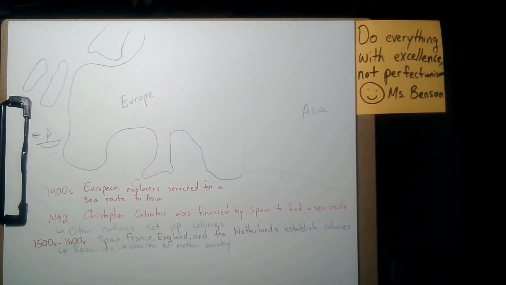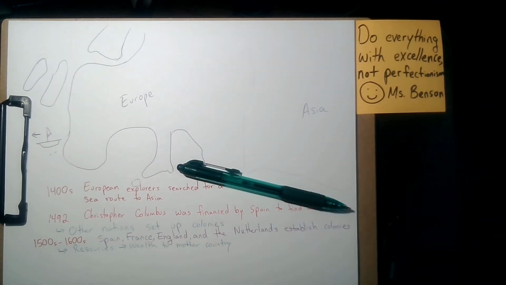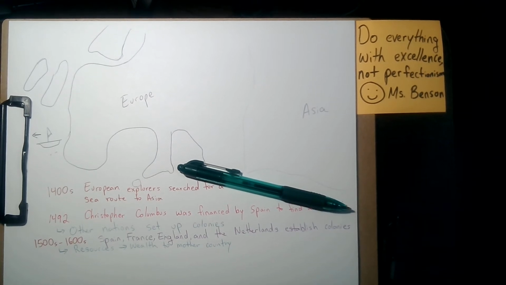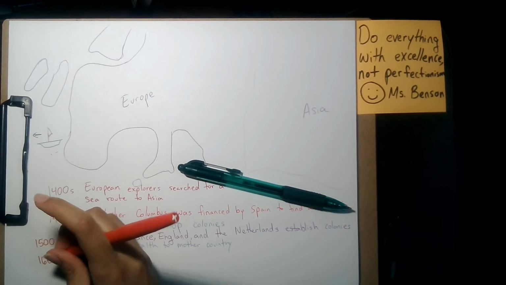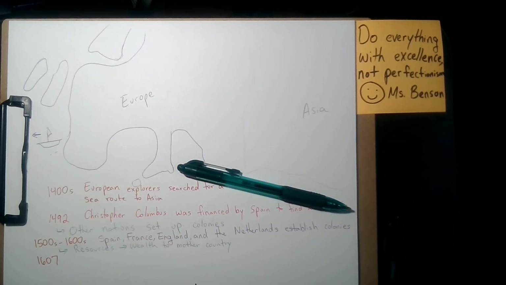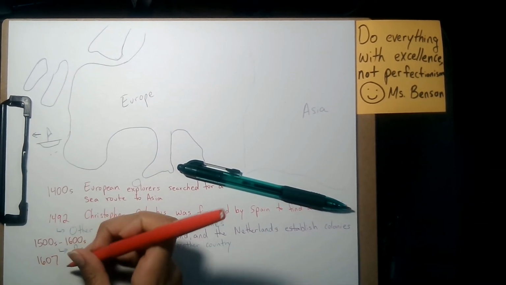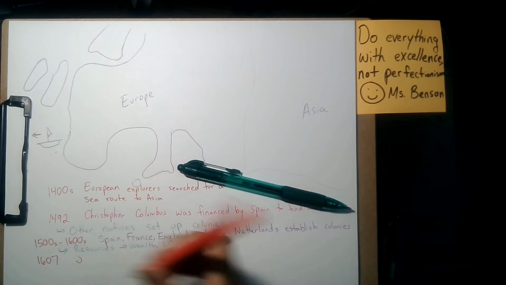And at one point in 1607, we have Plymouth. And Plymouth was a permanent residence. This is where we have the Pilgrims.